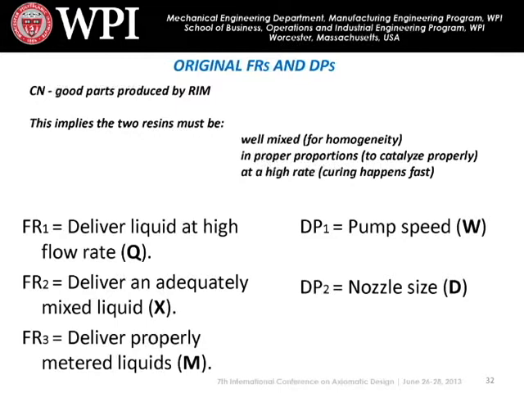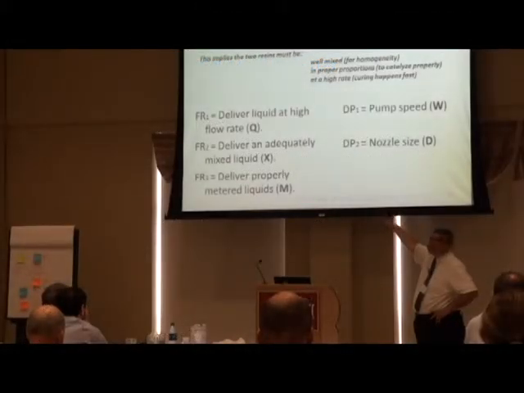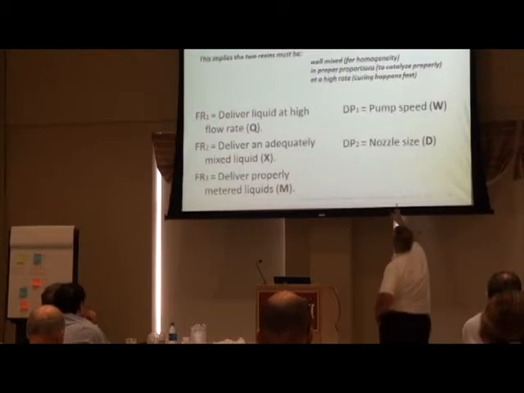But more importantly, when you mix these two chemicals together, if you do it really slowly, the stuff's going to harden up before you make your part. And that's not going to be good, right? So you've got to have this happen relatively quickly. We have to get enough of the mixture into the mold so they don't have voids. And they have to be metered, 2 to 1, 1 to 1, 1.3 to 1, whatever the mixture is.